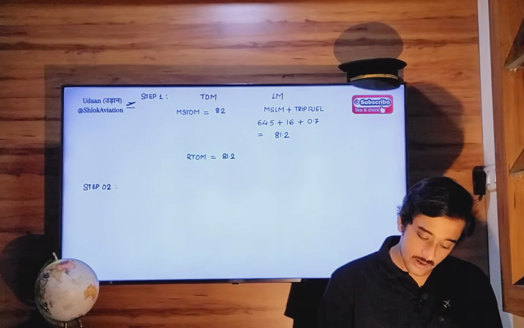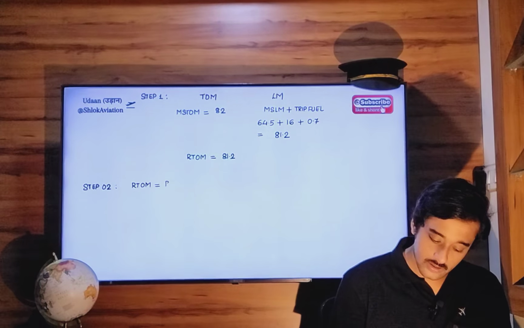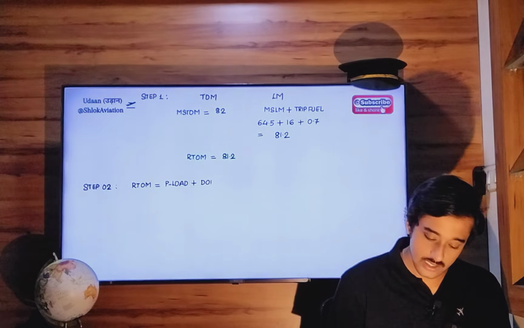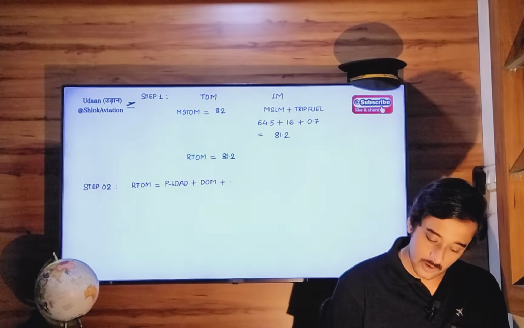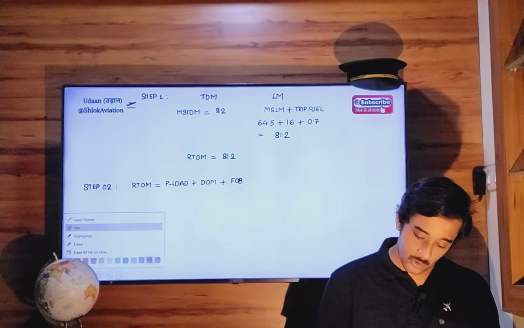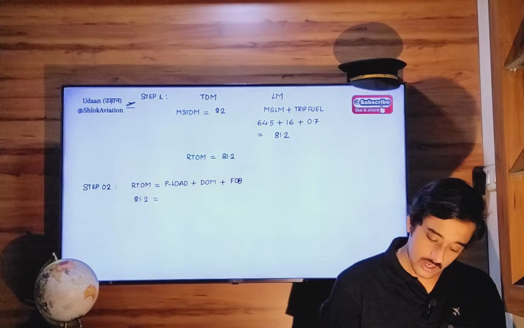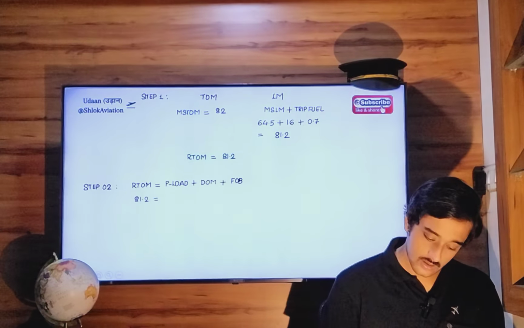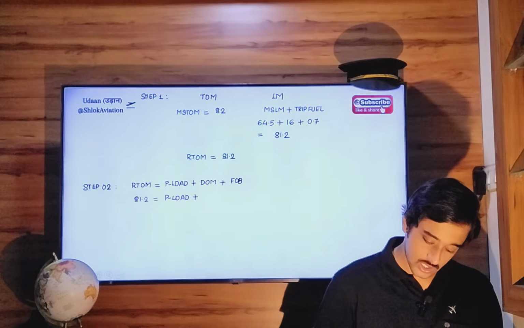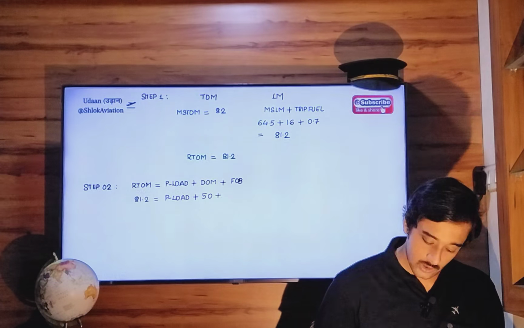What is the formula? Regulated takeoff mass equals payload plus dry operating mass plus fuel on board. Okay. So 81.2 equals payload plus dry operating mass 50,000 plus fuel on board.